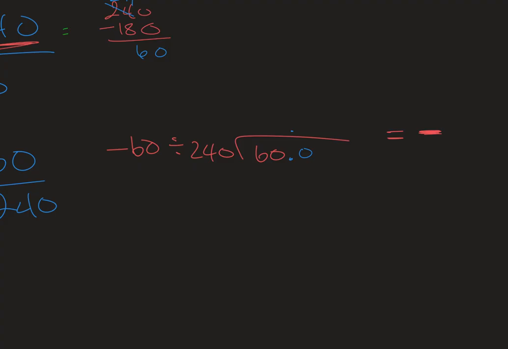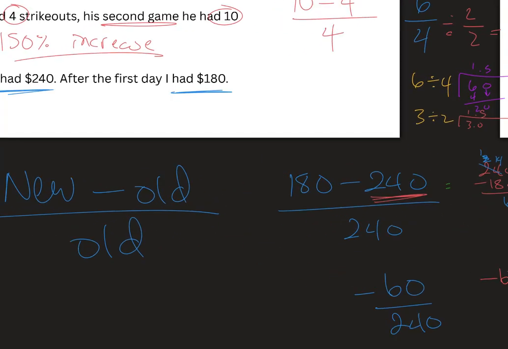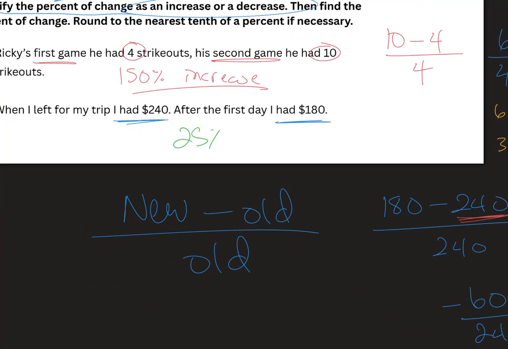How about, let's see, twice? 2 times 0 is 0. 2 times 4 is 8. 2 times 2 is 4. So when we subtract this, we get 120. And when we do, how many times 240 go into that? It is 5 times. 5 times 0. 5 times 4 is 20. 5 times 2 is 10, plus that 2, 25. So it was a negative 25% change. So we could say this was a 25% decrease.